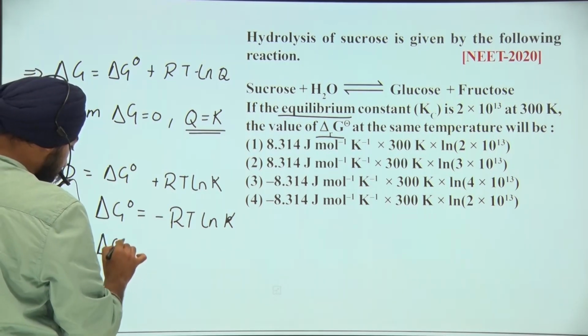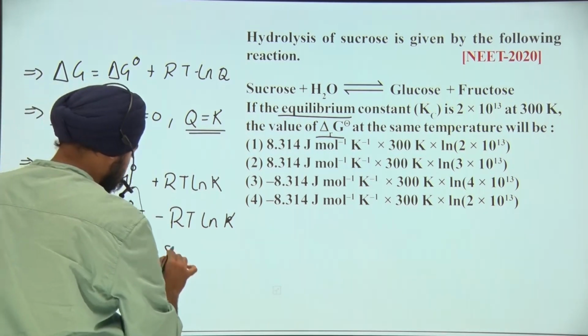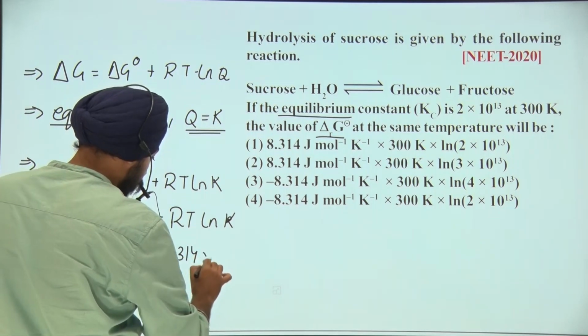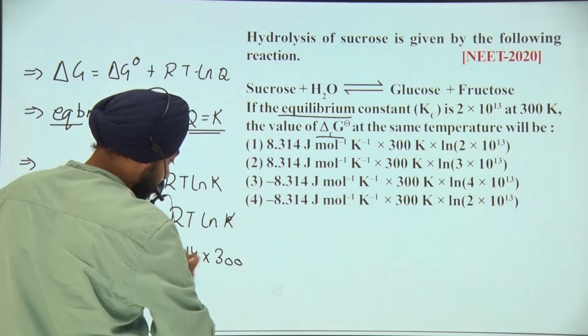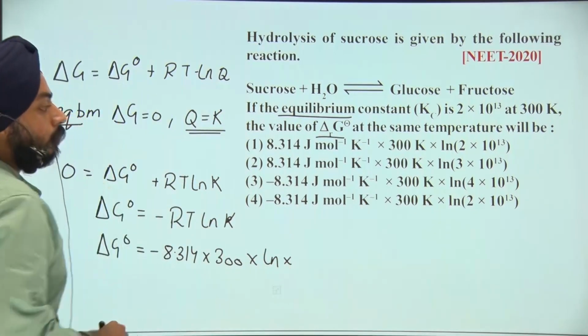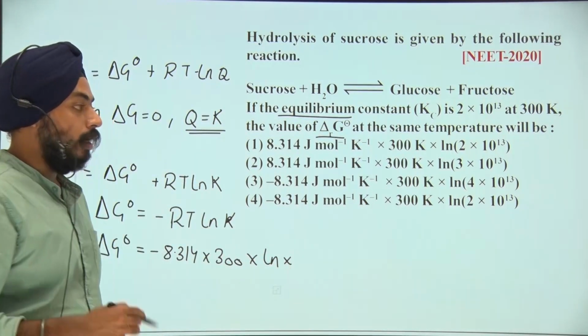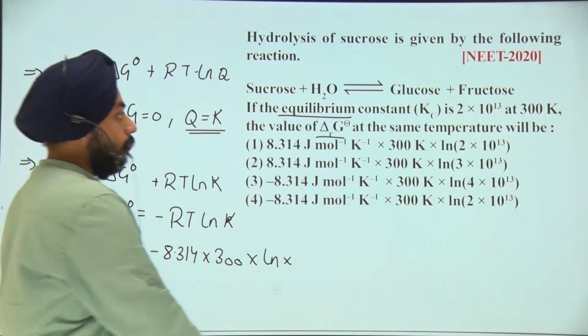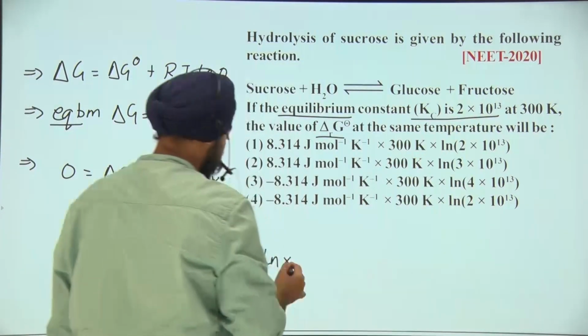So the value of delta G naught from this will be equal to minus 8.314 into temperature, which has been given in the question, that is 300 Kelvin, into ln of the value of K, which is 2 × 10^13. The value of K has been given, that is 2 × 10^13.